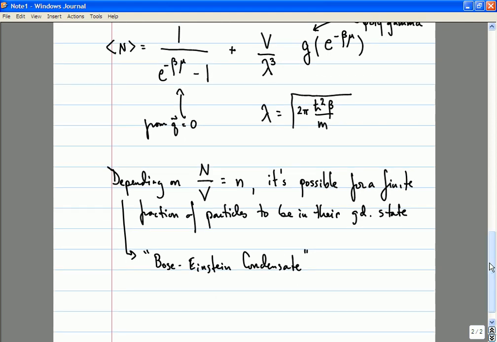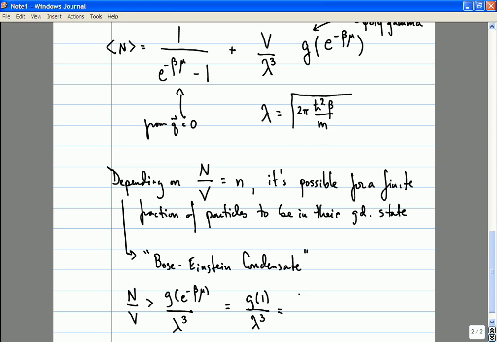So, in order to understand that, note that a finite fraction of particles must live in the ground state if n over v is greater than g of e to the minus beta mu over lambda cubed, or at very high temperature, where beta is going to 0, g of 1 over lambda cubed, which, using our expression for lambda, is, what is that?